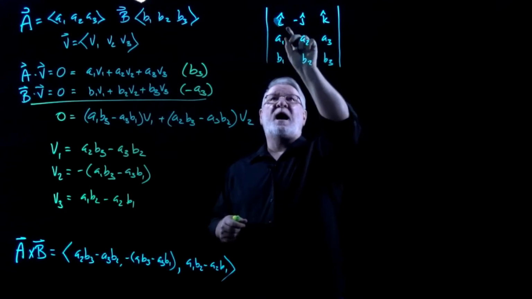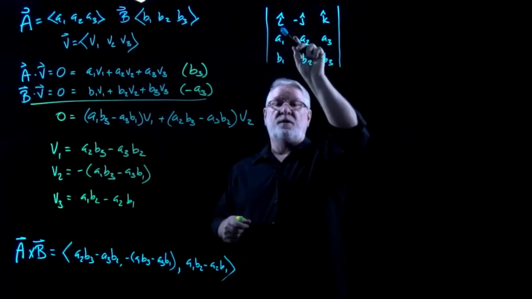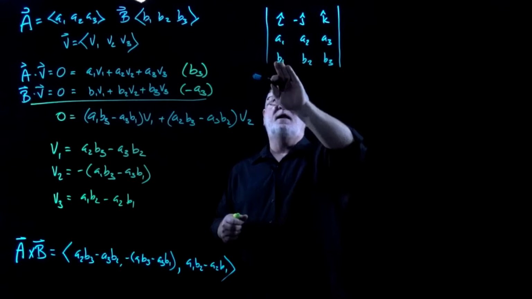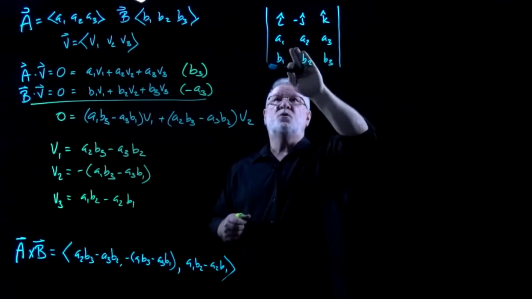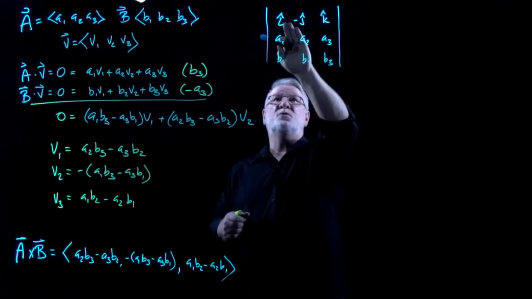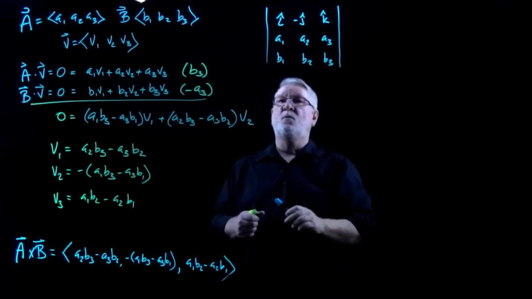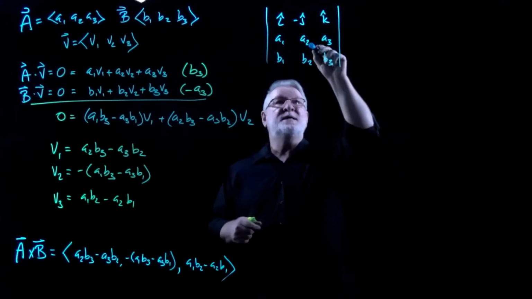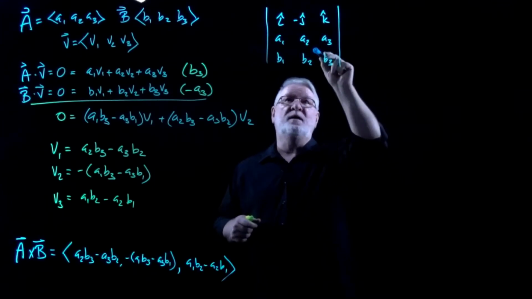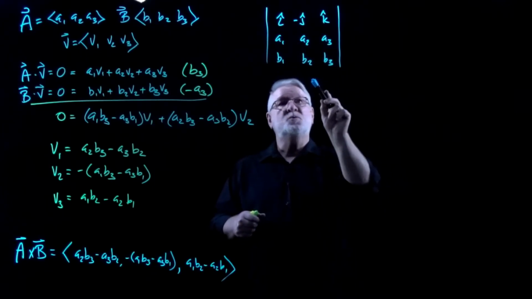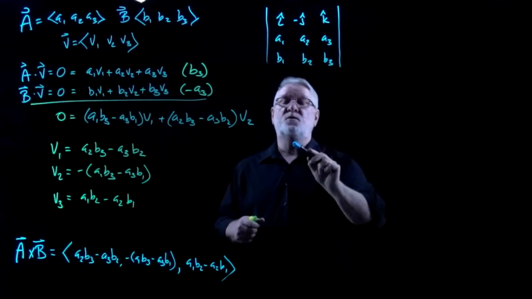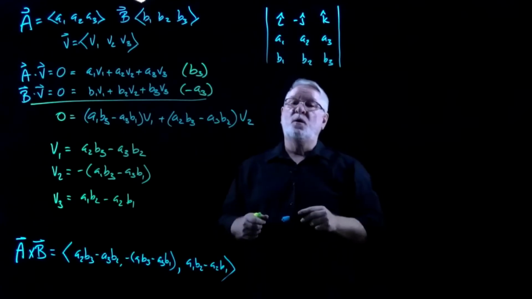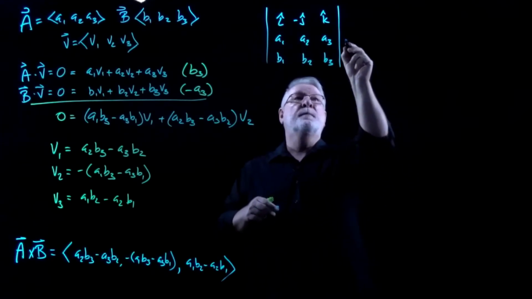Imagine taking i and blacking it out, that is, erasing it from this matrix together with its column and its row. So there's no i here, and there's no j, k, and there's no A1, B1. All that's left is these four terms. Well, we do the following. I take A2 times B3, the downward diagonal, and I subtract B2, A3, the upward diagonal of what remains when I remove the row and column of the first term.